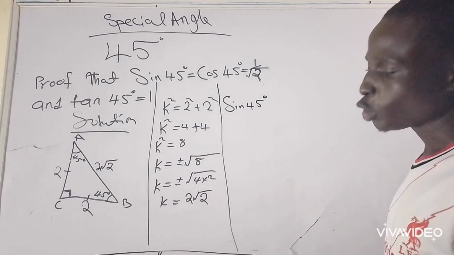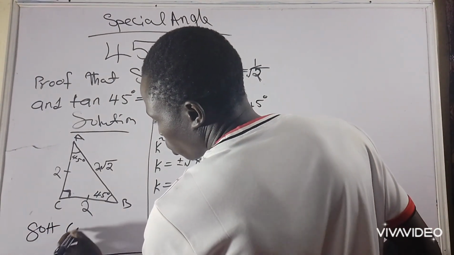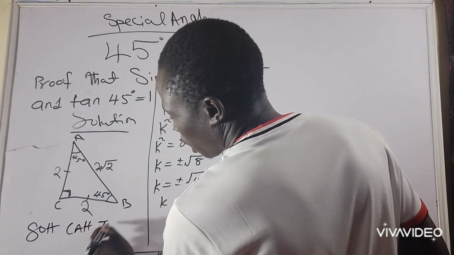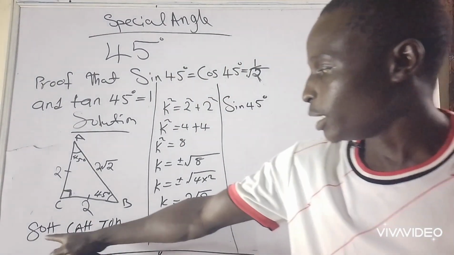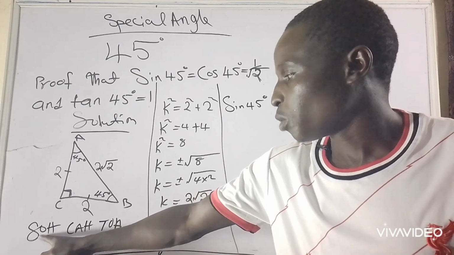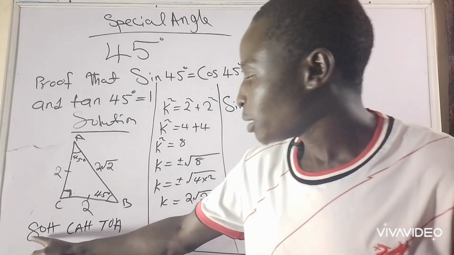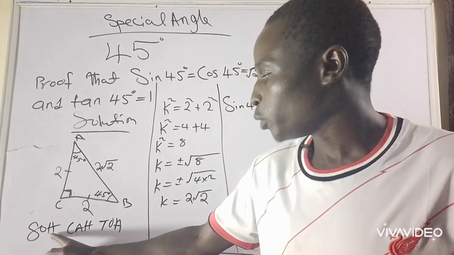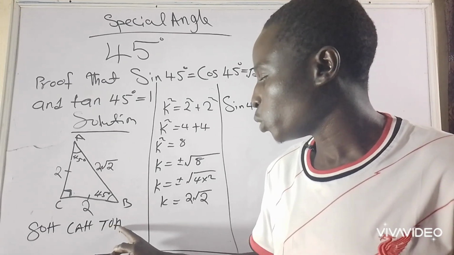Don't forget, we have SOHCAHTOA, which is mathematically proven. S stands for sine theta or sine alpha, depending on the angle or the variable given. Sine is the ratio of opposite to hypotenuse. Cos is the ratio of adjacent to hypotenuse. Tan is the ratio of opposite to adjacent.